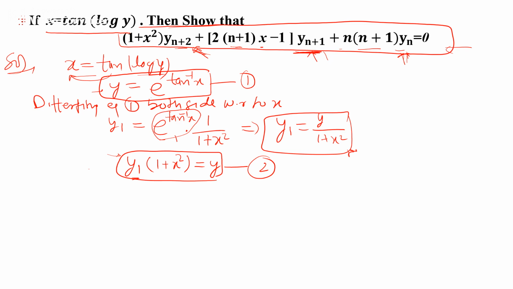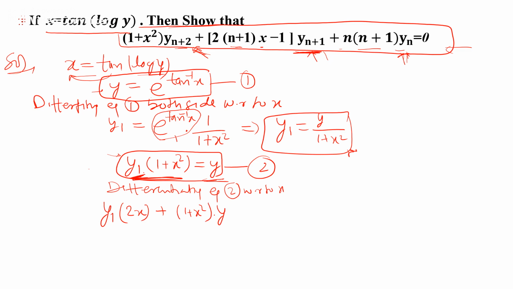So differentiating equation 2 again with respect to x, applying the product rule: first function same, that is y1, into 2x, plus the second function 1 plus x square, with the derivative of y1 becoming y2, equal to the derivative of y, which is y1.